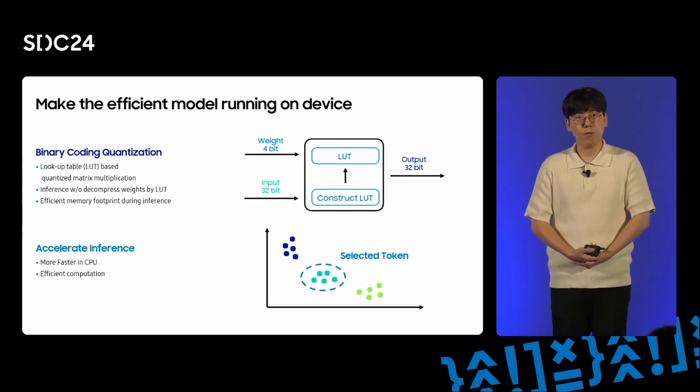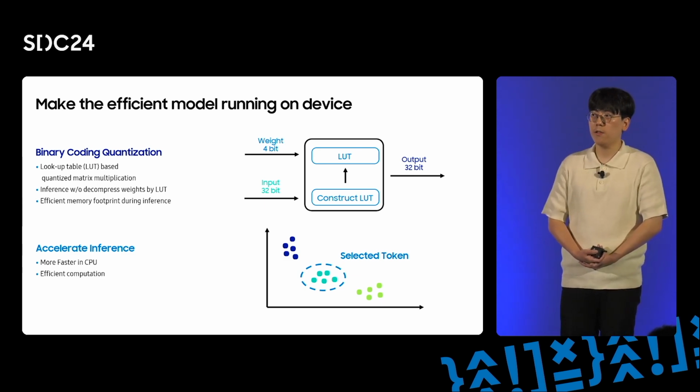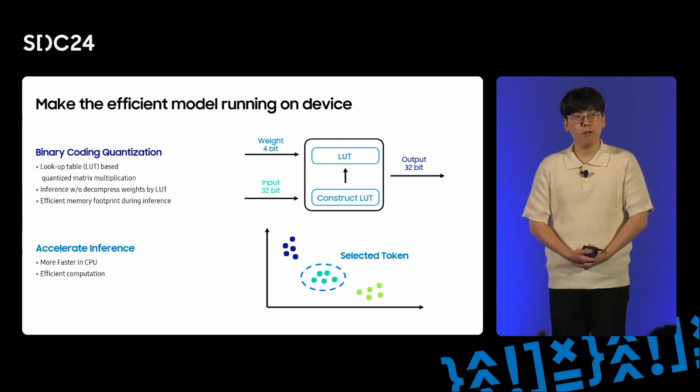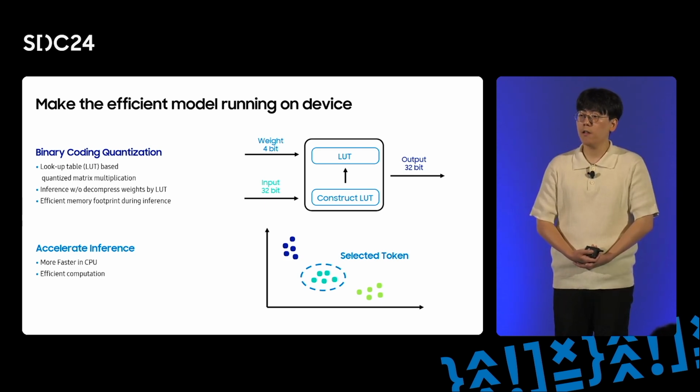It also provides computational benefits. There are limited cases for binary weight combinations compared to 32-bit size data type. The identical computation is performed repeatedly. By constructing a lookup table for this, we can eliminate costly multiplication operations.